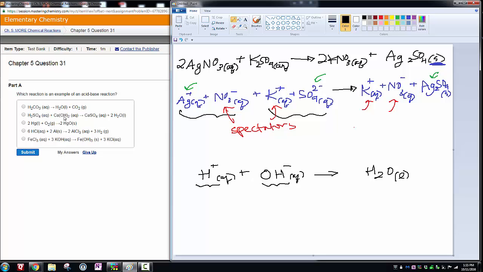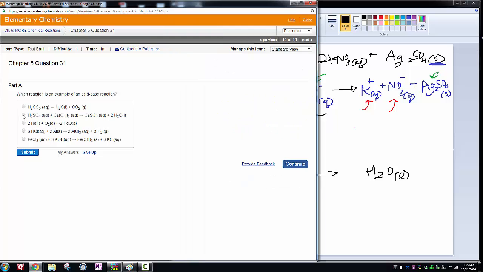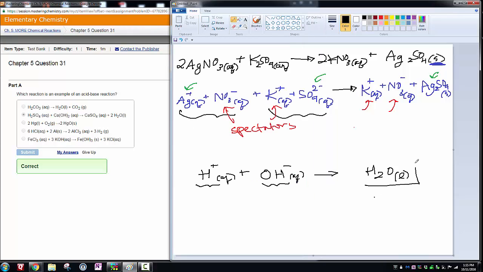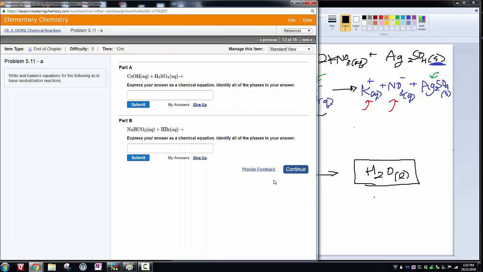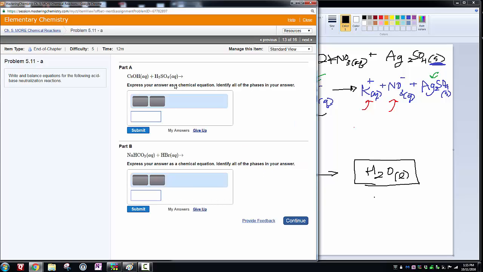The calcium hydroxide, as a soluble ionic compound in solution, would split up and contribute hydroxide ions to solution. So we have the H plus plus the OH minus. That's what gives us the H2O liquid. They're kind of like precipitation reactions where you're very specifically making, instead of a solid precipitate, H2O as a liquid. That's your acid base. Okay, so write and balance these acid base neutralization reactions. Here we go.